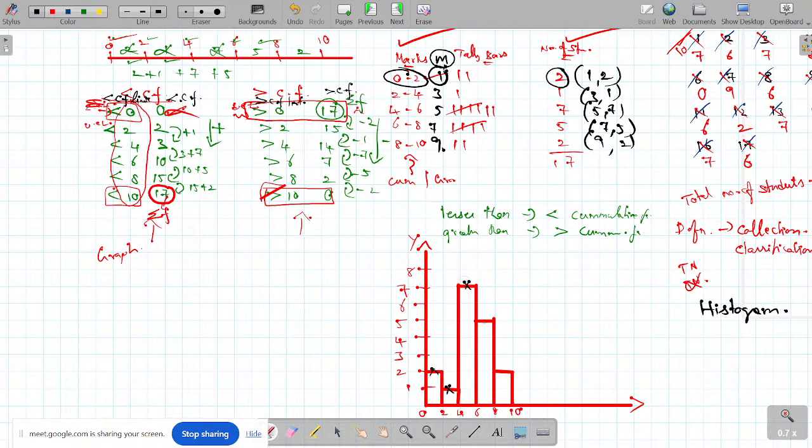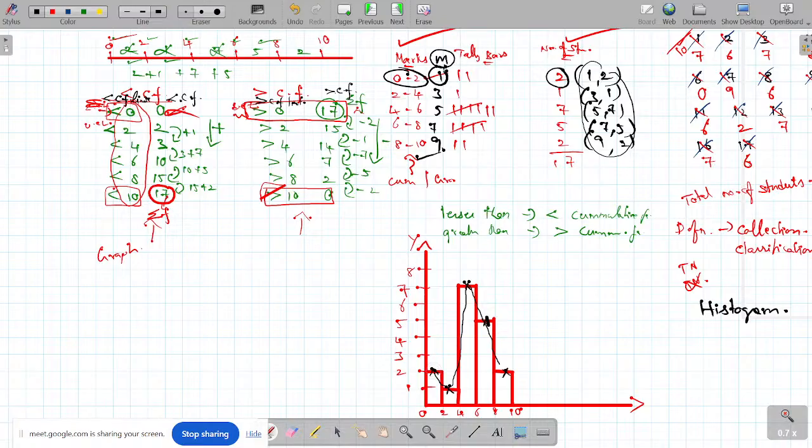Here it will be this point, and this point, and this point. Actually, instead of doing this way, from the histogram, if I mark the mid values, it will be very easy. Here my problem is very simple, 0 to 2, 2 to 4 and so on. So that's why mid-value finding is somewhat easy. But from the histogram, I can directly make it easier by joining the mid-values and drawing a freehand curve.